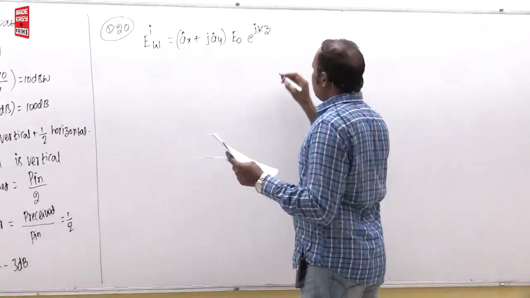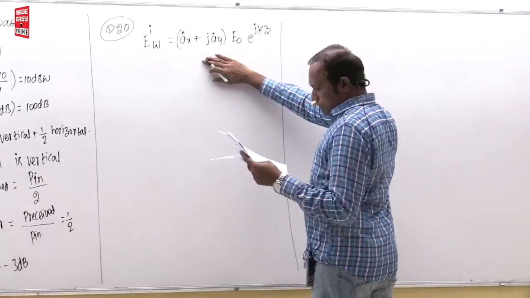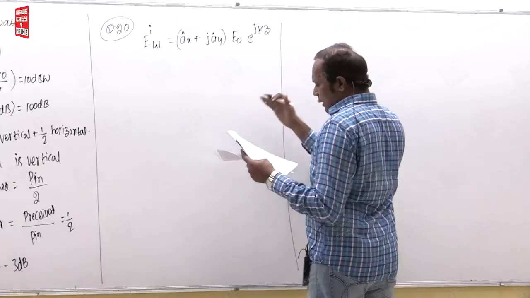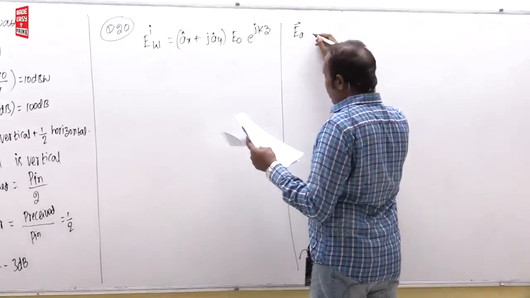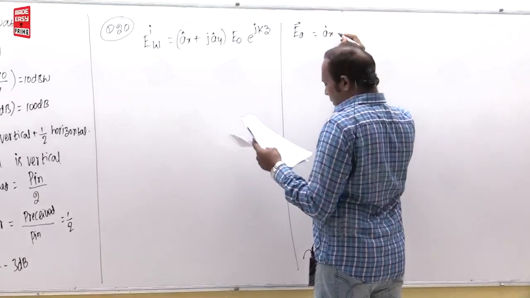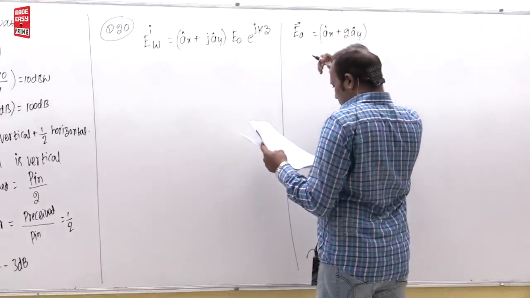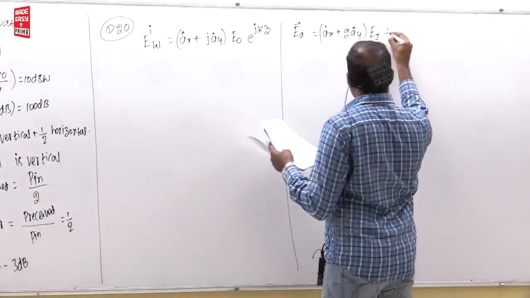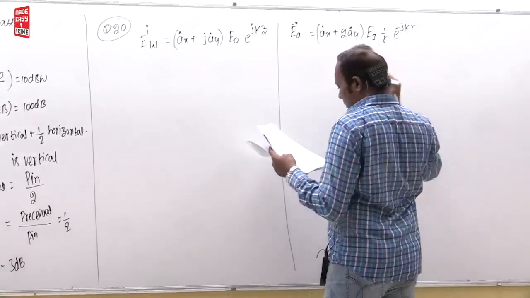The electric field of the antenna is (a_x + 2a_y) E_I (1/r) e^(-jkr).